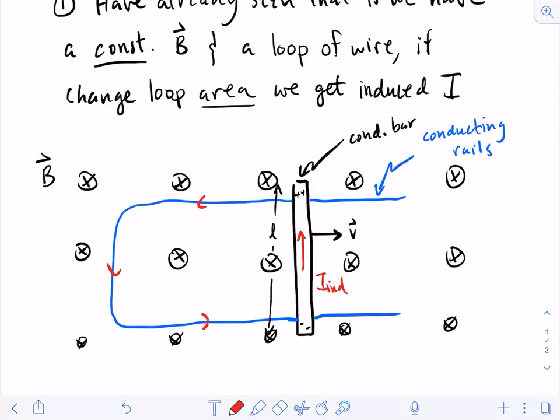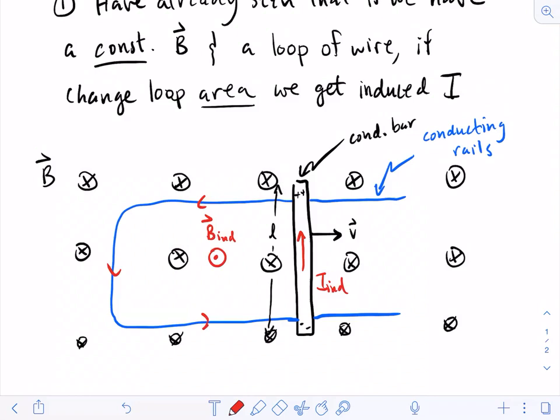Okay, but we know that current is a source of magnetic field, and we could use the right-hand rule to determine the magnetic field created by the induced current. So we take the fingers of our right hand and curl them in the counterclockwise sense, and our thumb points out of the page. And that means that there is an induced magnetic field due to the induced current that resulted from this motional EMF.